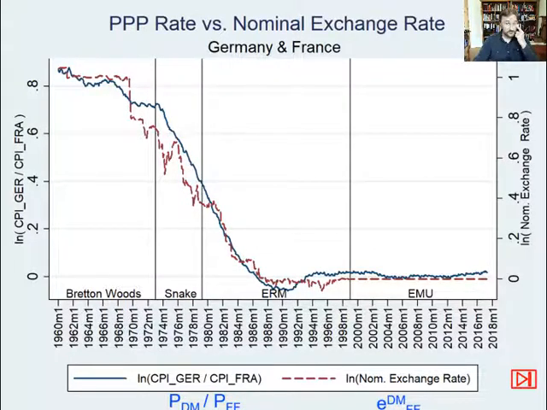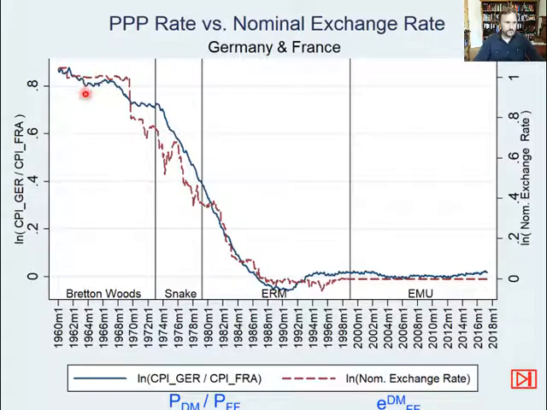This diagram shows the development of the actual exchange rate and the purchasing power parity exchange rate between the franc français and the Deutsche Mark from the year 1960 to the year 2018. Here the dashed red line equals the logarithm of the actual nominal exchange rate. That's what we've got so far, the exchange rate.